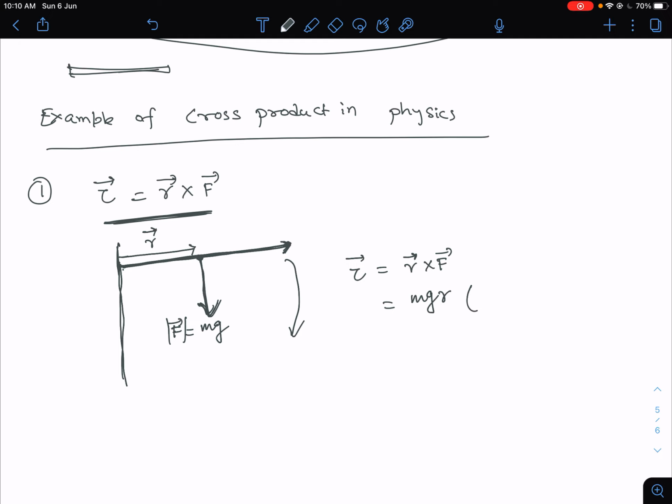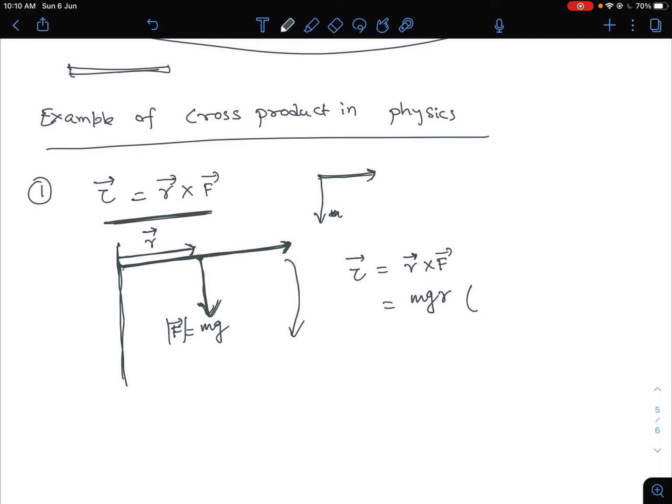The force is acting, the R is directed in this direction, and the force of gravity in this direction.